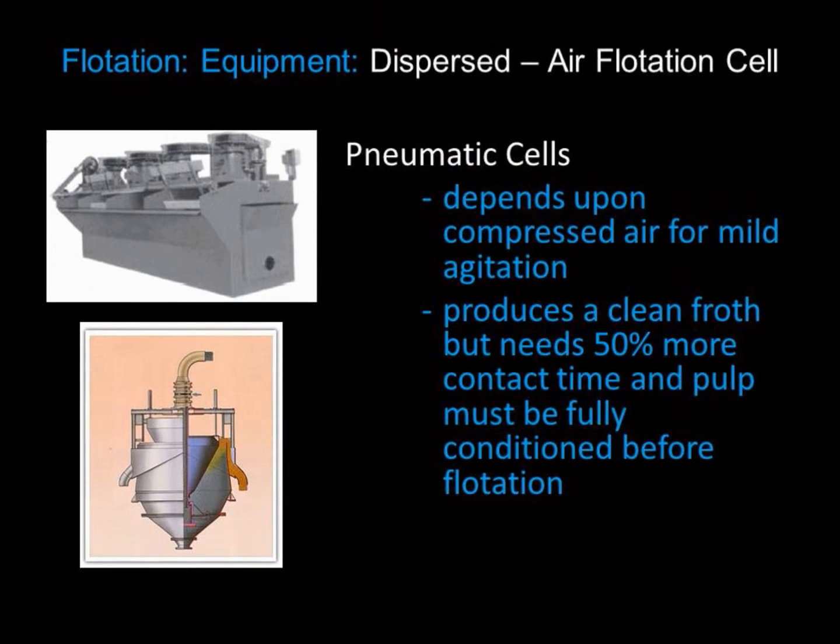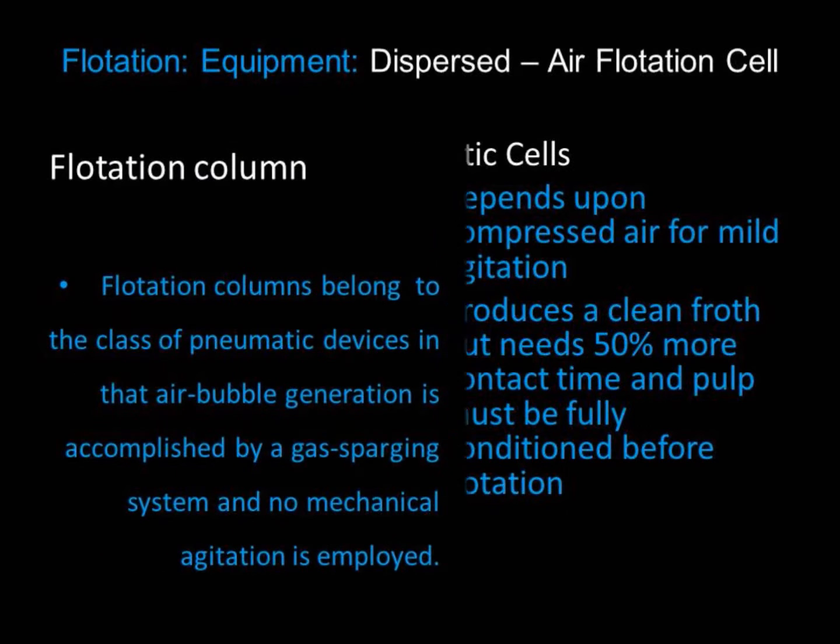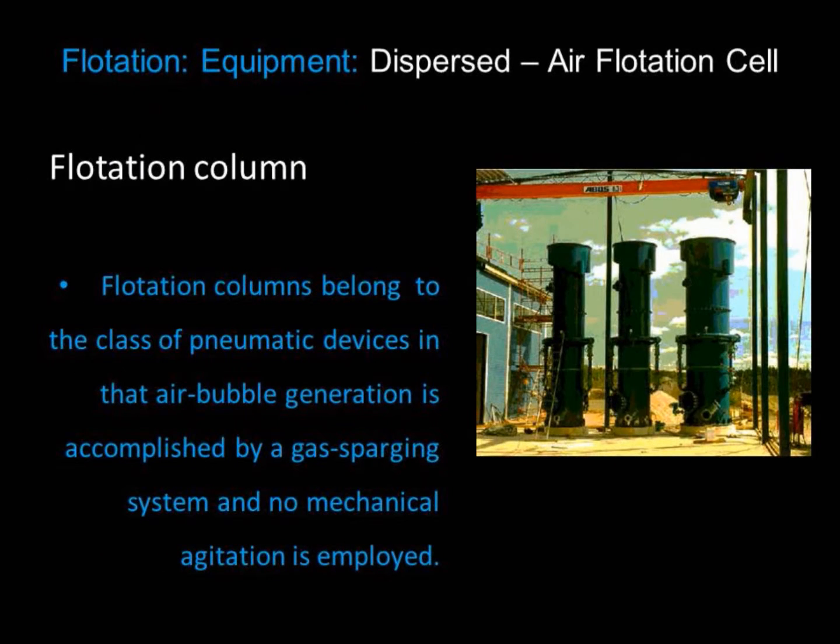The second type of dispersed air flotation cell is pneumatic cells. Pneumatic cells depend upon compressed air for mild agitation. Included in pneumatic cells are flotation columns. Flotation columns belong to the class of pneumatic devices in that air bubble generation is accomplished by a gas sparging system and no mechanical agitation is employed.